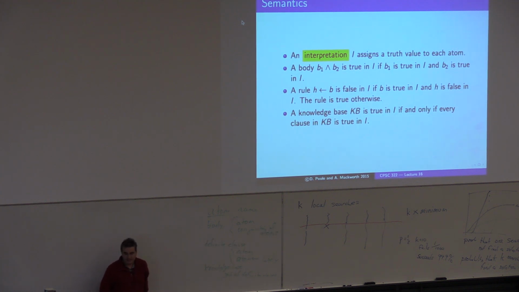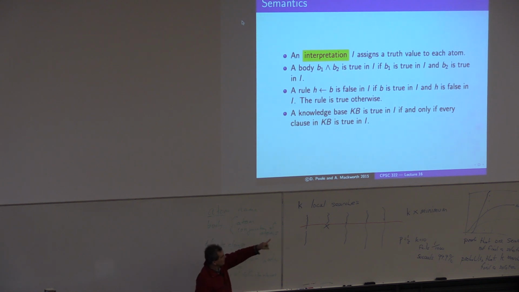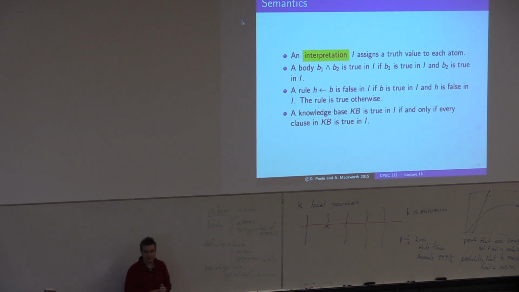An interpretation I is going to assign a truth value to every atom, saying whether each atom is true or false. A body is a conjunction of things, so a body B1 and B2 is true if B1 is true and B2 is true. You remember the normal truth table for and; that's all we have for bodies. A rule H if B is false in an interpretation if the body B is true and H is false.